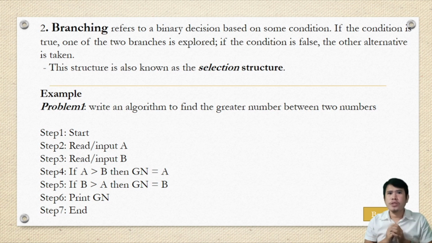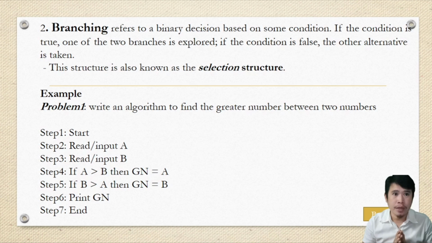Because in branching, as what I've said, it has two options that we can go on. And if the condition is false, the other alternative option is taken. Okay? And this structure is also known as the selection structure.